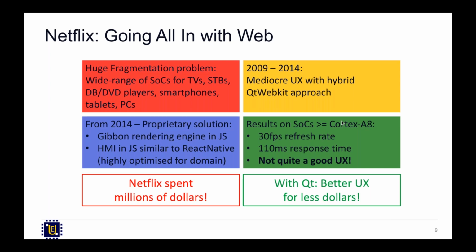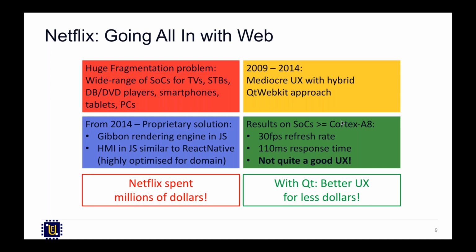So yeah, it's okay. But keep in mind, they invested a lot of money and time to build their own rendering engine, and you are only allowed to write HMI code in a very, very specific way, highly optimized for their rendering engine. And that is all proprietary, no chance to get your fingers on it.